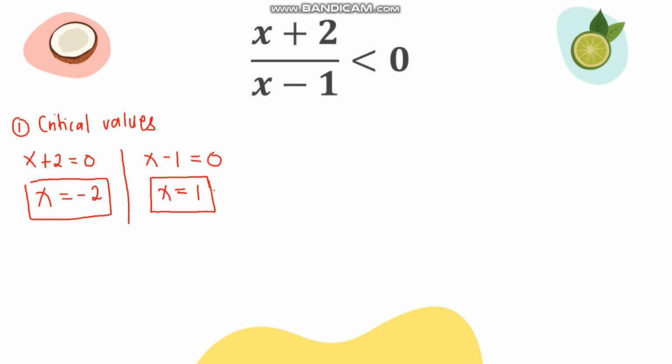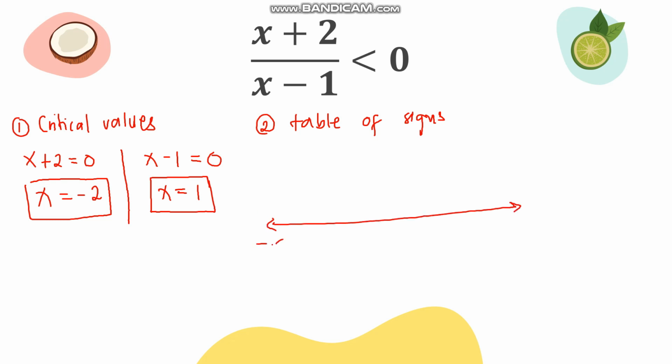Now these critical values, we will use to create our table of signs. These critical values will divide our number line into parts or intervals. So the next thing that we have to do is a table of signs. Here we will draw a number line.